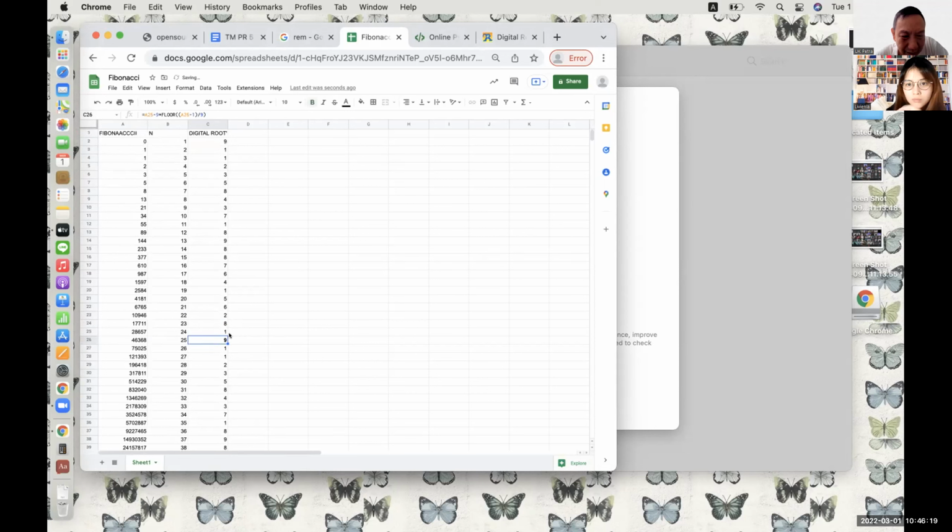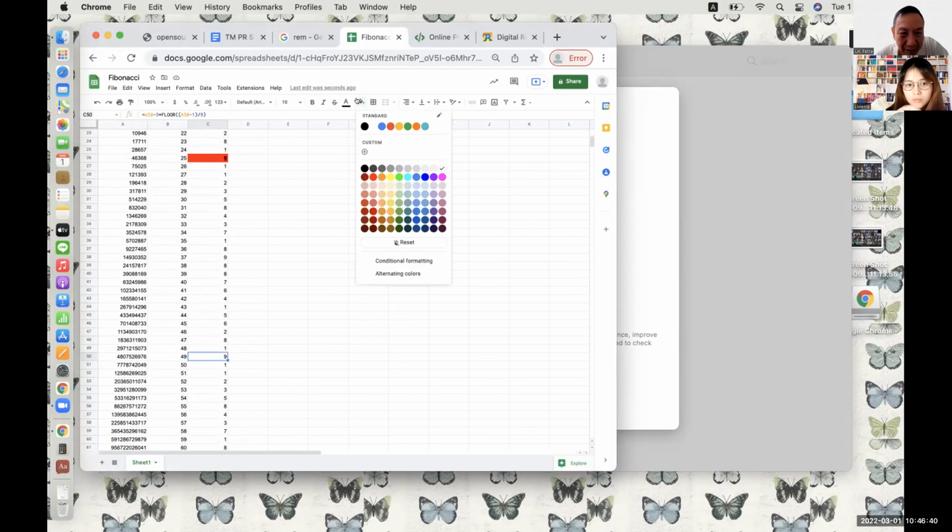So you can color that so that you will know this is the whole pattern. And again, in that case, 48, or 49 in your case. Yeah, 49. Okay, it repeats again, right?